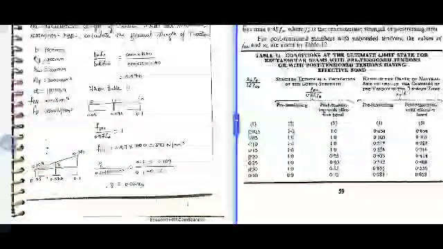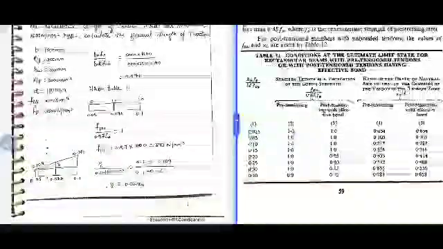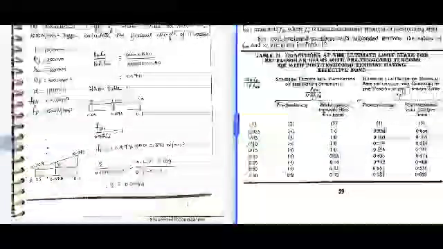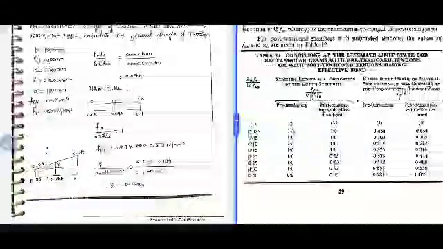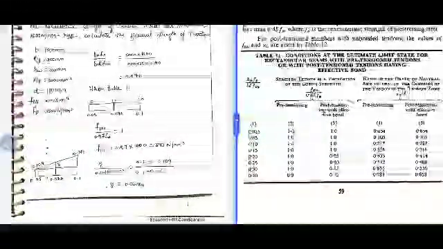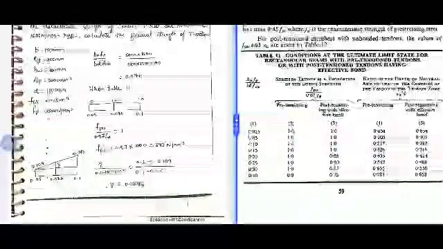For both we have 1. So the value of FPU by 0.87 FP ratio will also remain as 1 only. So simplifying we will get FPU value, that is 1392 Newton per mm square.